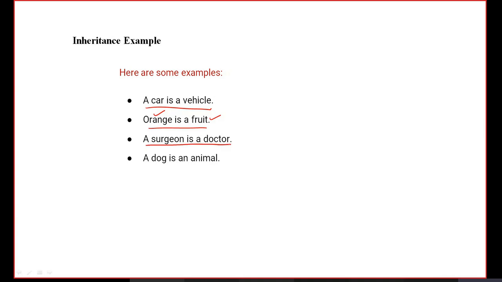A surgeon is a doctor. Doctor is my superclass. Surgeon is my derived class. Like physician can be another derived class of the superclass doctor, right? A dog is an animal. We saw an example. Animal, the superclass. Dog is my derived class.